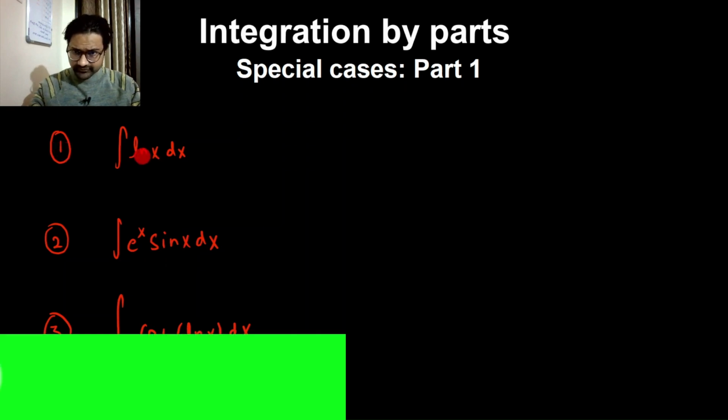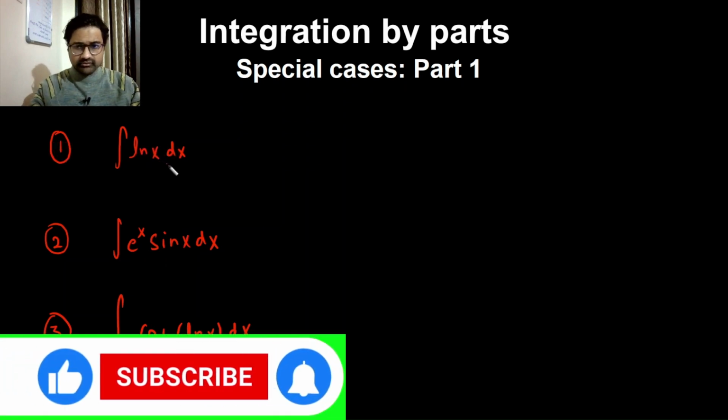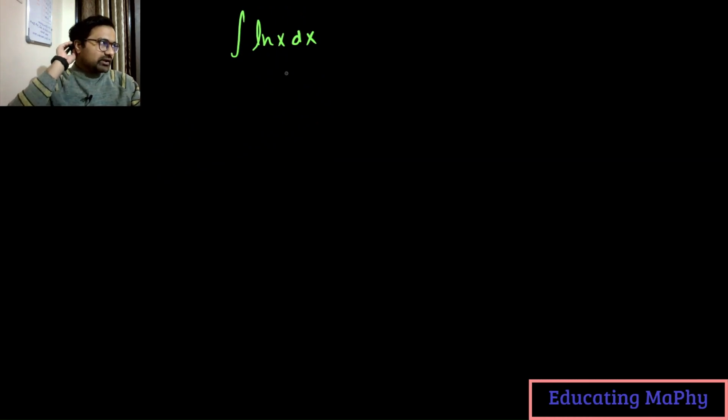We're going to be taking the first question, which is the integration of natural log of x. So let me add a new page over here and start working on this question. Now, this would have been really easy if we were dealing with the derivative of natural log of x.